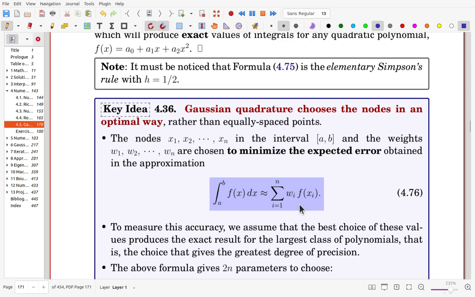Now, to measure the accuracy, we assume that the best choice of these values produces the exact result for the largest class of polynomials. So we try to limit our analysis in polynomial spaces so that we try to get the knots and weights so that it is exact for the largest class of polynomials.